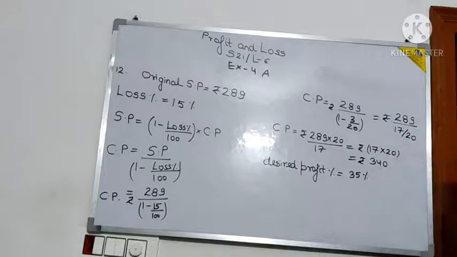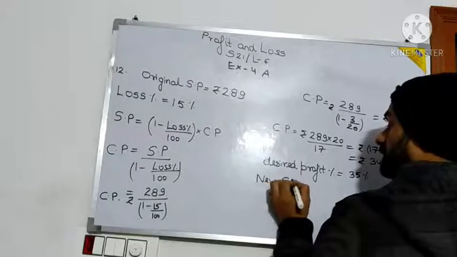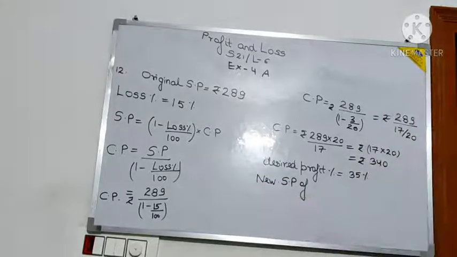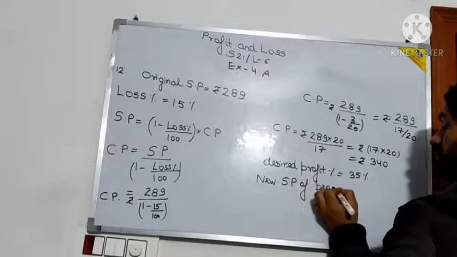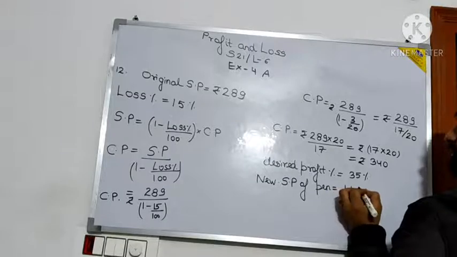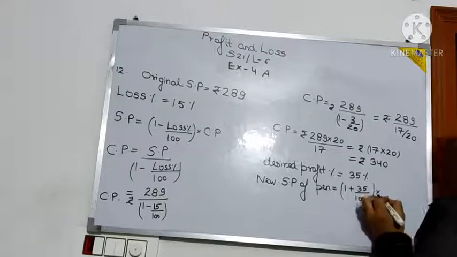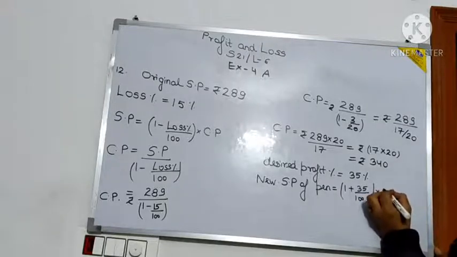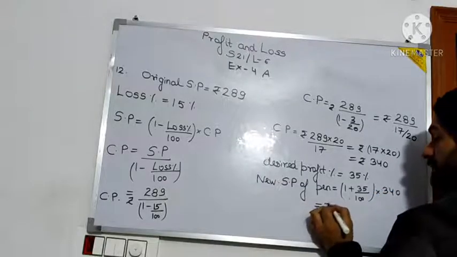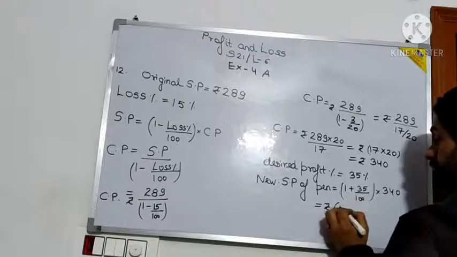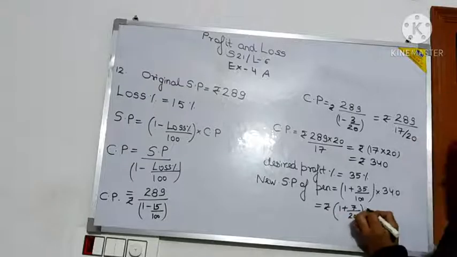So for this the new SP will come. New SP of the pen, only the pen they are talking about, is equal to 1 plus 35 by 100 into 340. That is the CP there. So it will come in rupees: 5 sevens are 35, 5 twenties are 100, into 340.